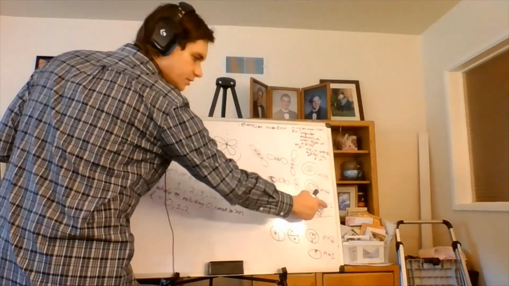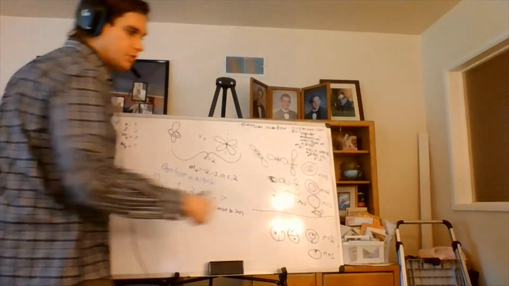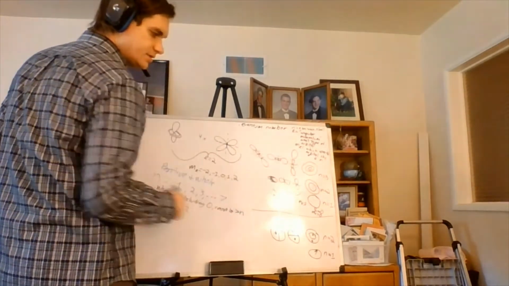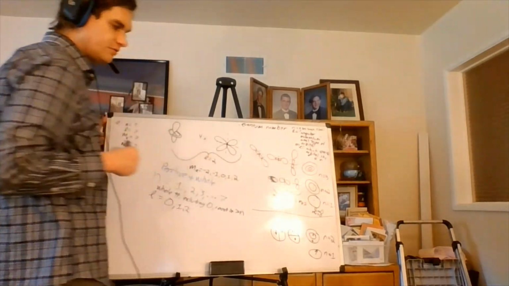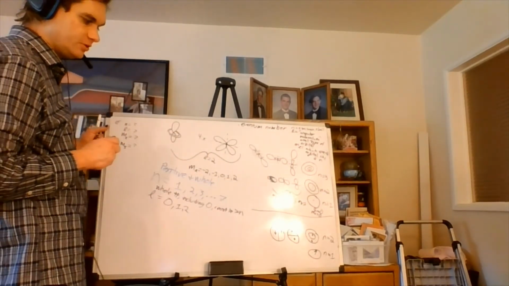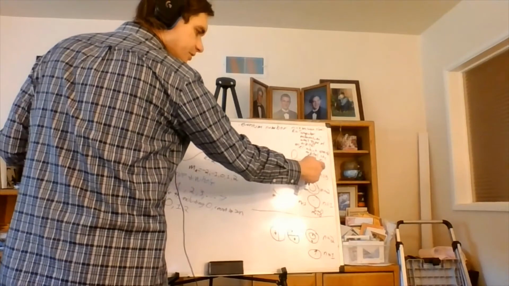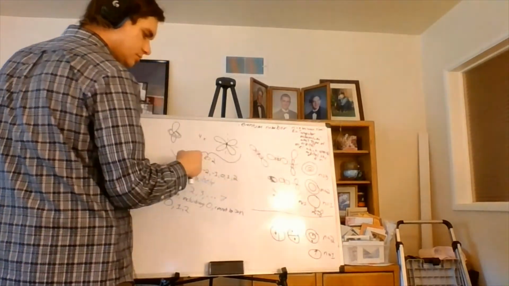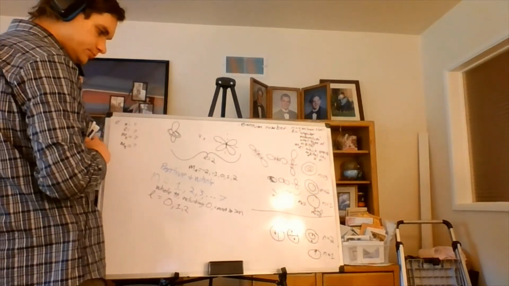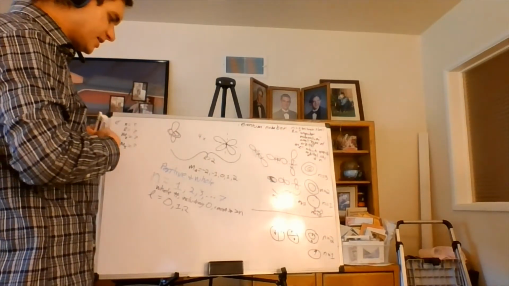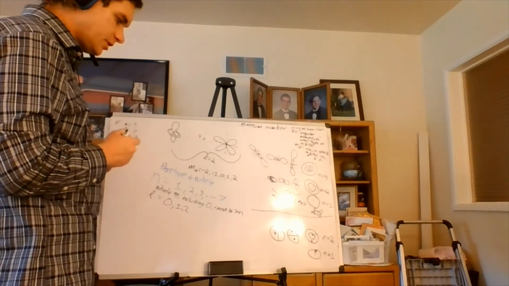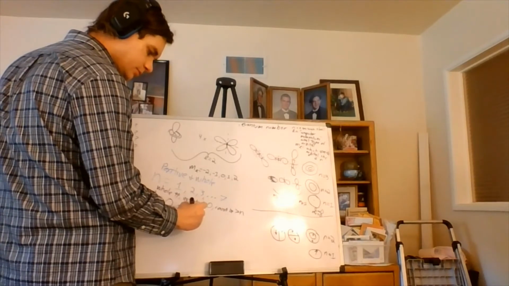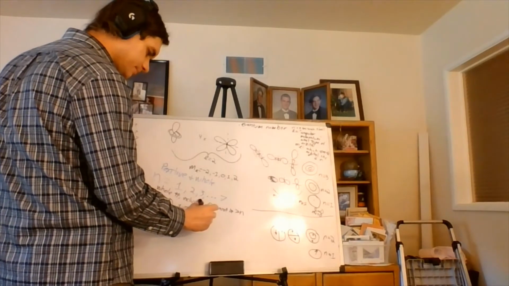When n equals 1, L can only be 0. When n equals 2, L equals 0. That makes sense. L equals 1. Okay, we have a new set of types of orbitals. With n equals 3, L could be 0, 1, or 2. So it has to be a whole number, including 0, and it cannot be greater than n.